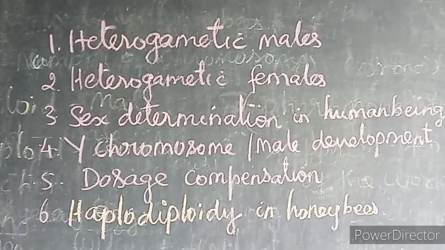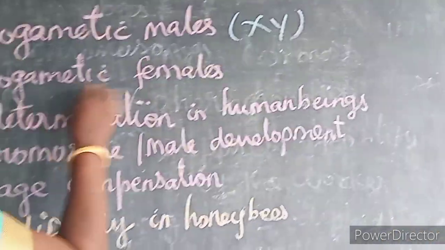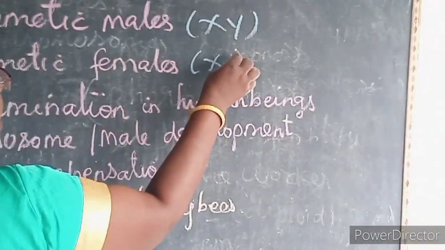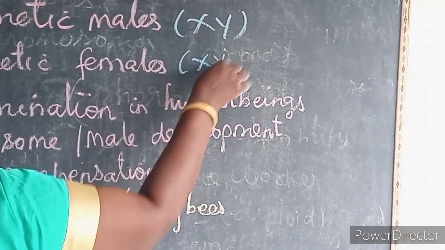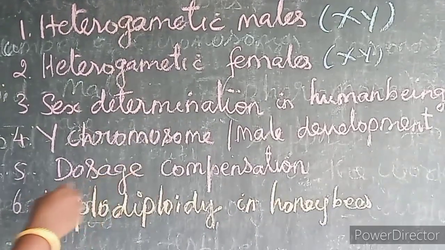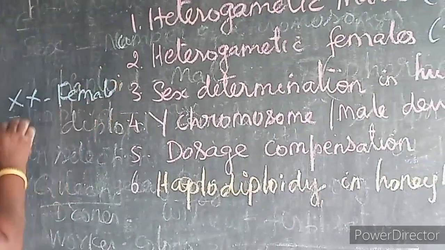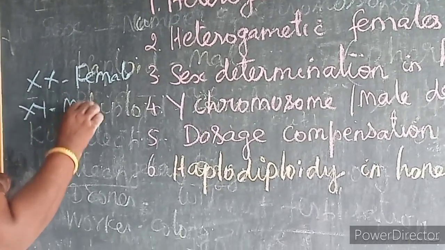In class we learned heterogametic males, that is X and Y. Then heterogametic females, that is also ZW or X and Y. Then sex determination in the human beings. How the XX develops into the female. Then how the XY develops into the male.